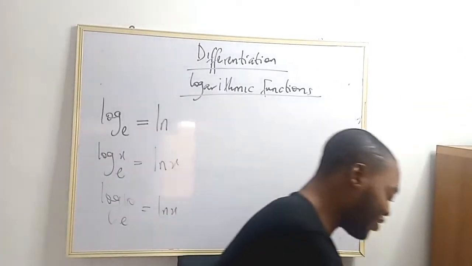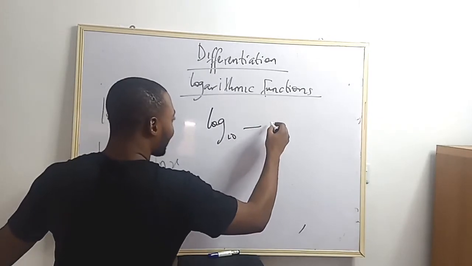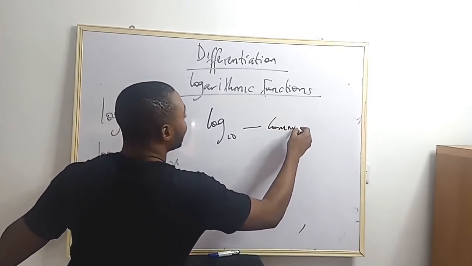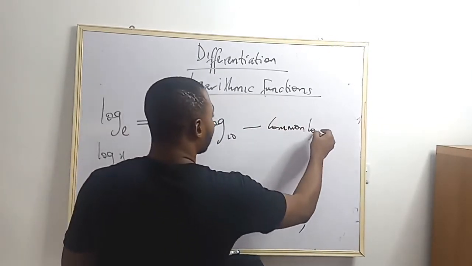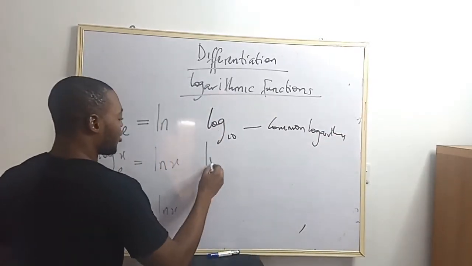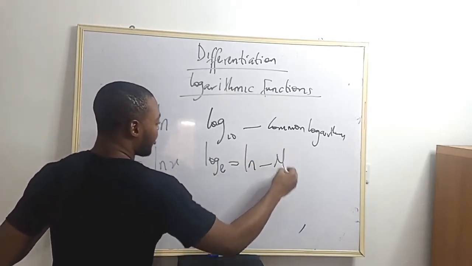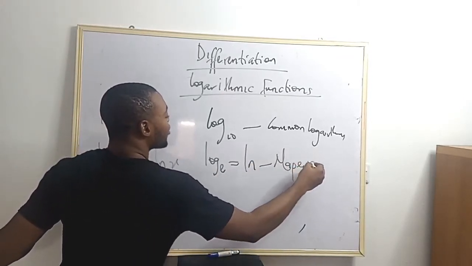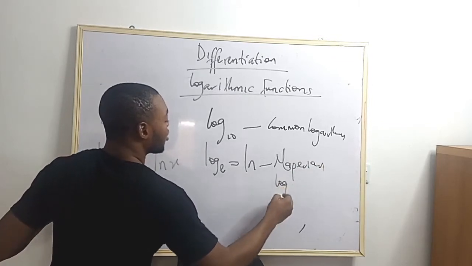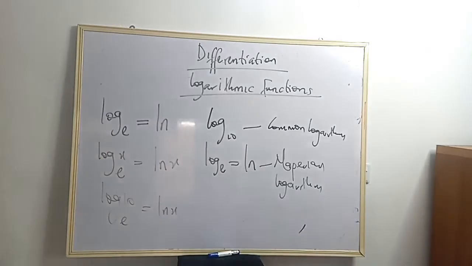So log to base 10 is the common logarithm. Log to base e, which is the same thing as ln, is called the Napierian logarithm, and this is what we'll be using. It is named after a mathematician, John Napier.